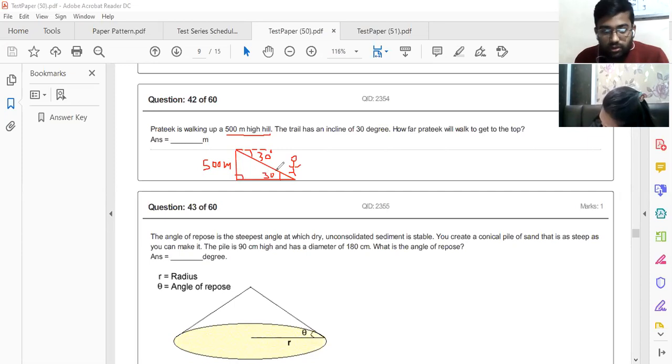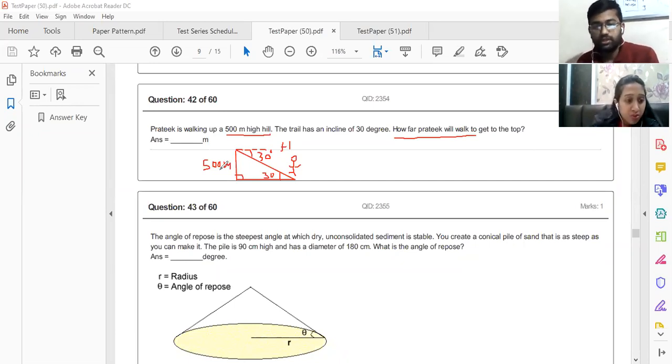So now you have the opposite side, and you need to calculate how far Pratik will walk, meaning this trail, meaning hypotenuse. You need to calculate the hypotenuse, and you have the perpendicular. Which ratio will you use? Opposite side, sin theta, which is sin 30.